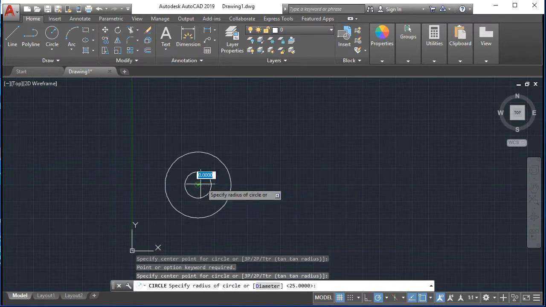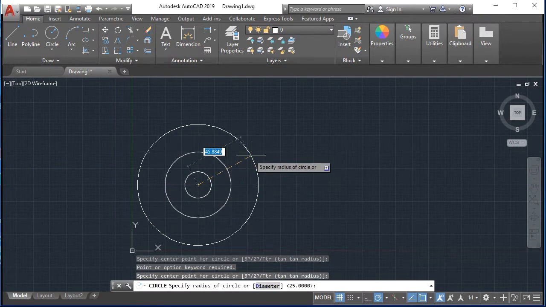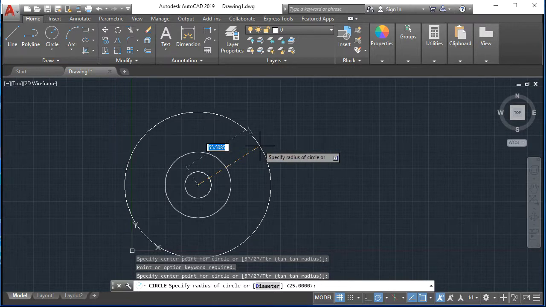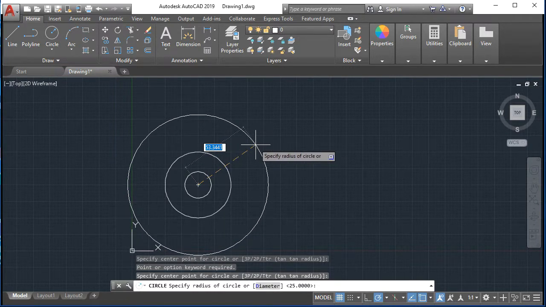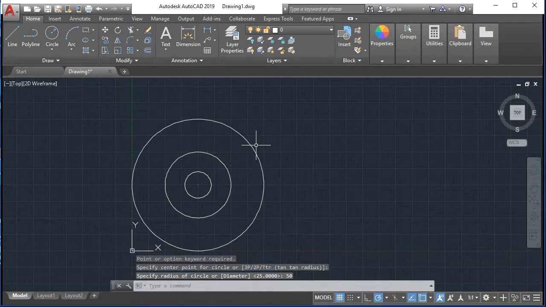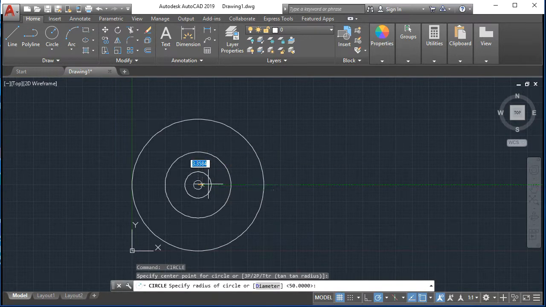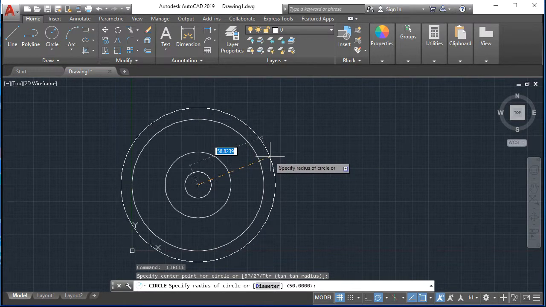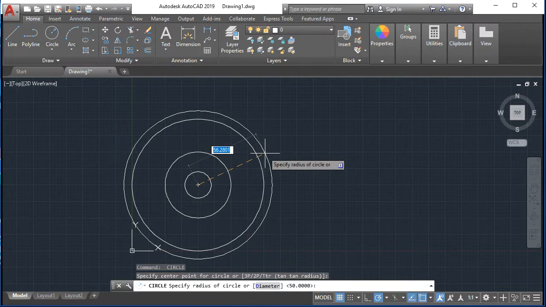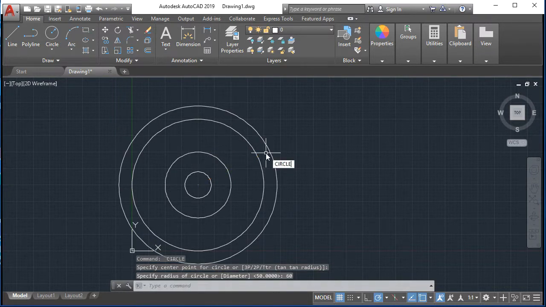So from 50, 50, one is at a distance of 50, and the second one at a distance of 50. 55 is too small, so I am taking 60.